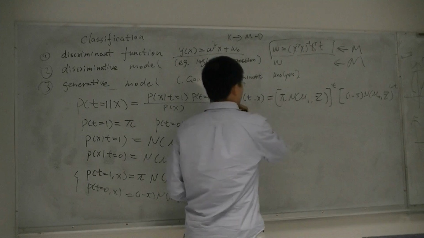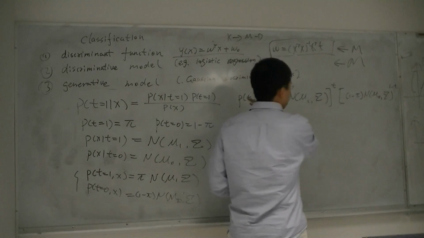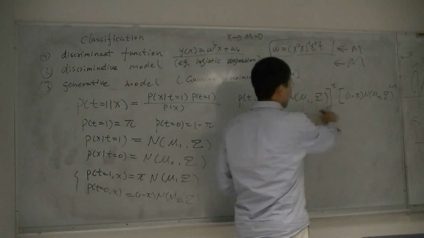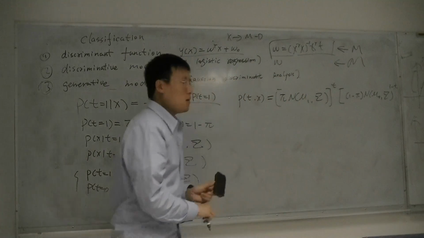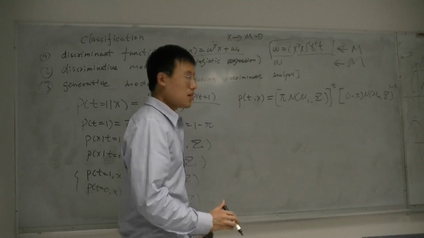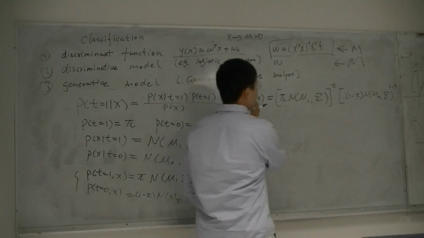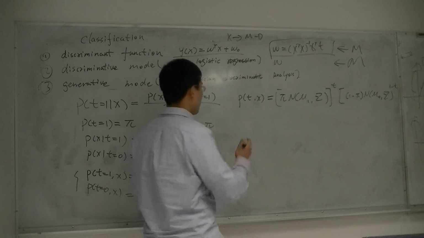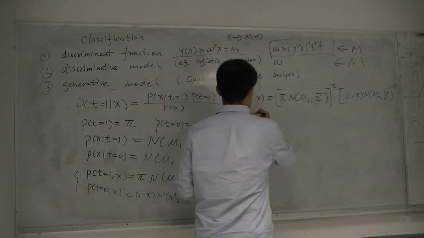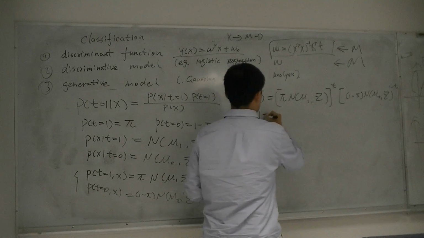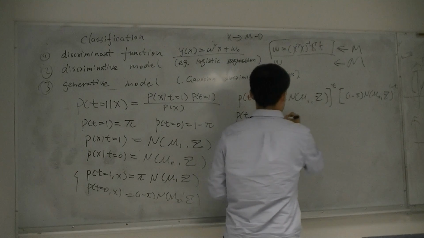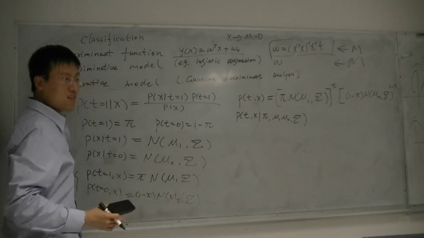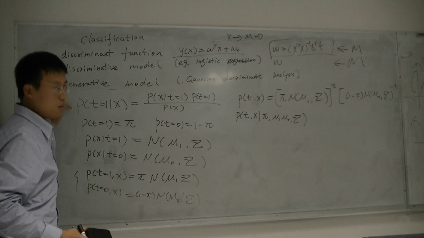And in this case, we introduce the parameters: pi, mu1, mu0, and the covariance matrix, right? With respect to those parameters, we use maximum likelihood estimator, like p(t, x given pi, mu1, mu0, sigma). So in terms of t, we maximize the posterior distribution.